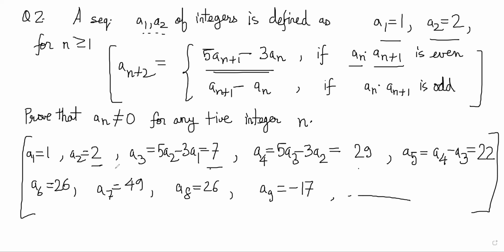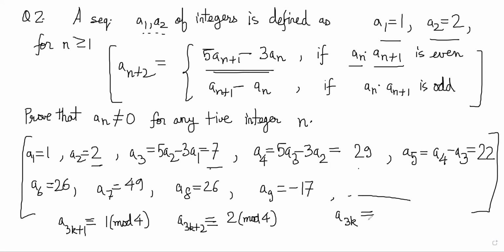So the claim that I'll make by observation here is that a(3k+1) is congruent to 1 mod 4, a(3k+2) is congruent to 2 mod 4, and finally, a(3k) is congruent to 3 mod 4.